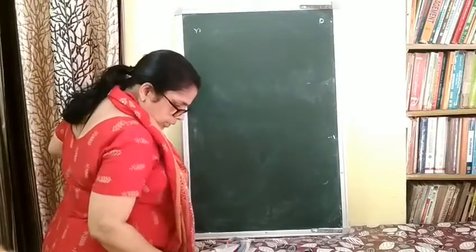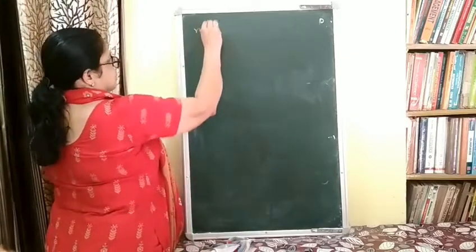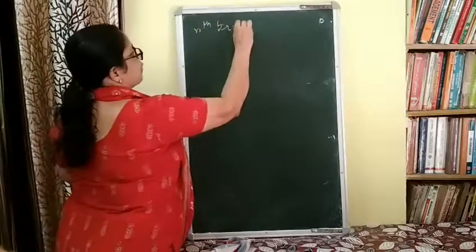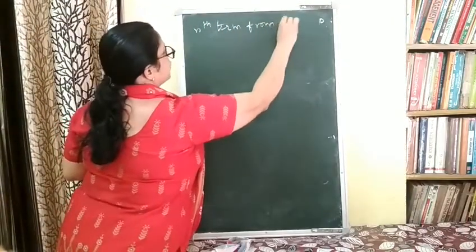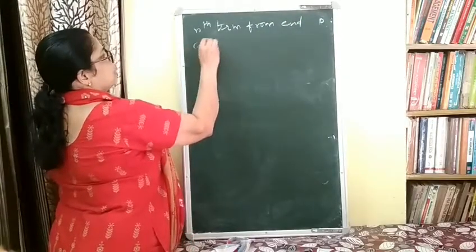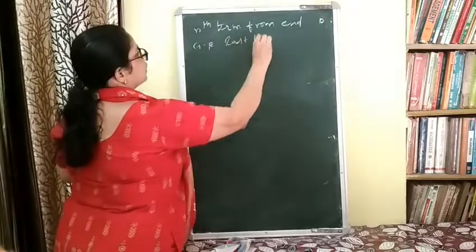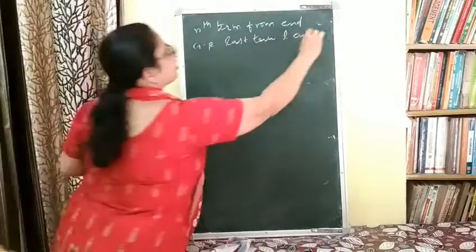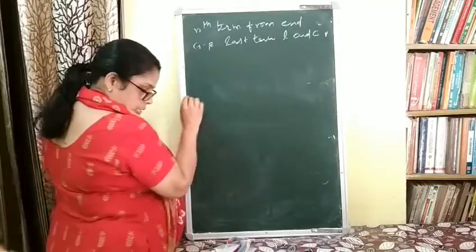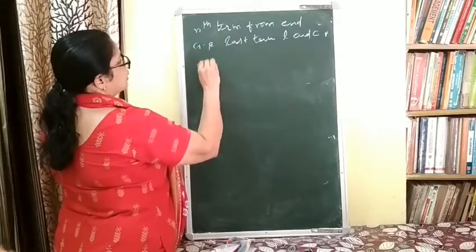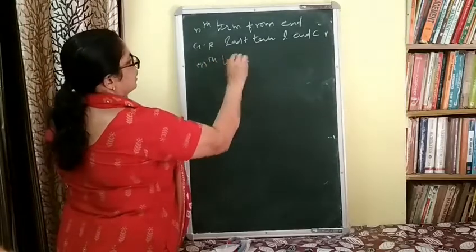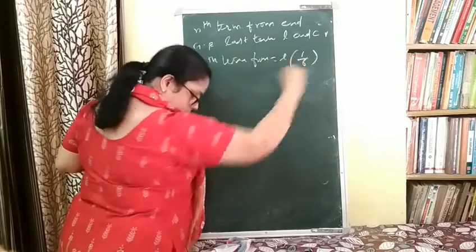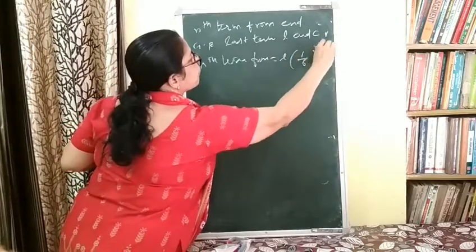I am taking the nth term from the end; the general formula gives the nth term from the beginning. For the nth term from the end of a GP with the last term l and common ratio r, the nth term from the end is equal to l into 1 by r raised to the power n minus 1.